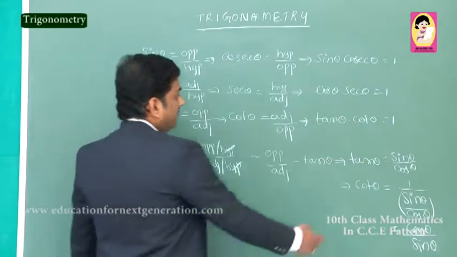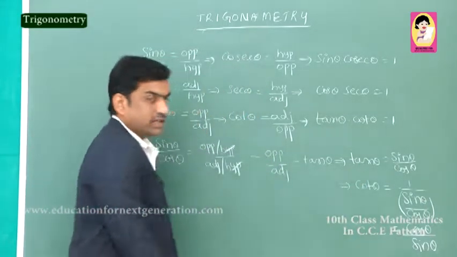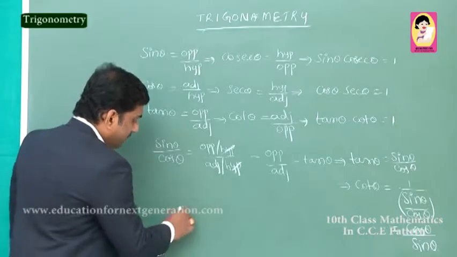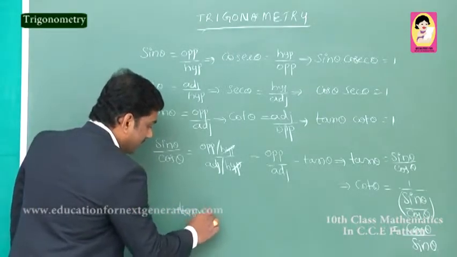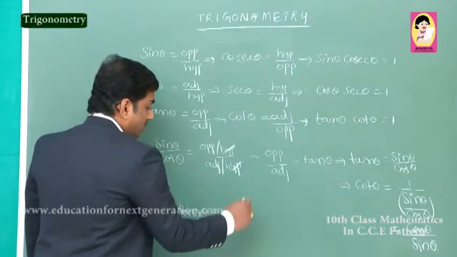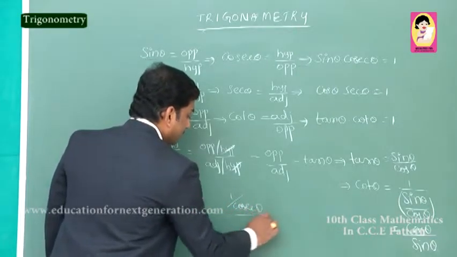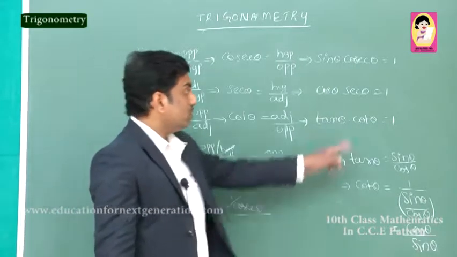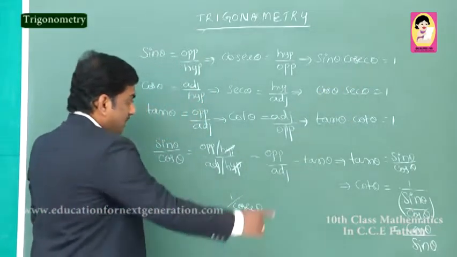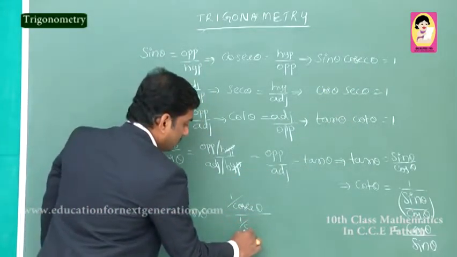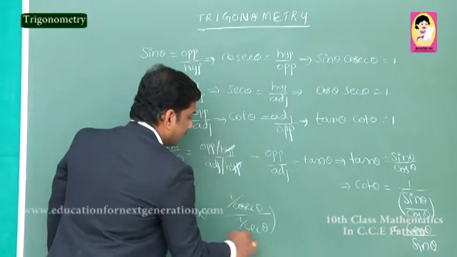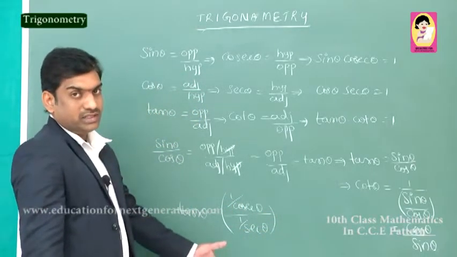And one more thing, here we are writing tan theta is equal to sin theta by cos theta. The same tan theta can be expressed as, sin theta is nothing but 1 by cosec theta, and cos theta is nothing but 1 by sec theta.